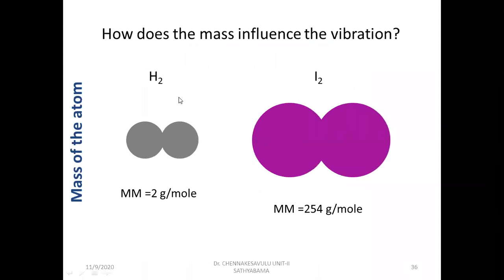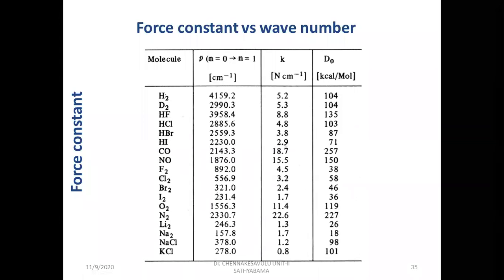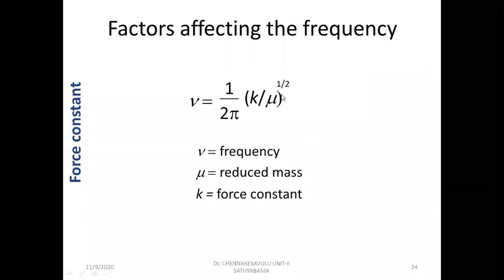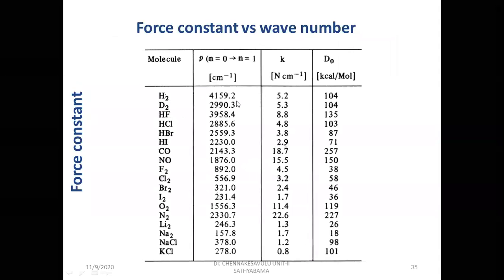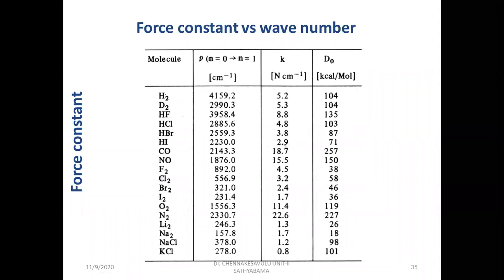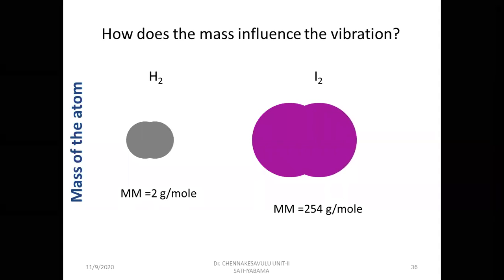The hydrogen force constant and iodine force constant are different because the mass is increasing. If you increase the mass, what happens? It is in the denominator, so it should decrease. And k versus mu, reduced mass and mass, have a direct relation.